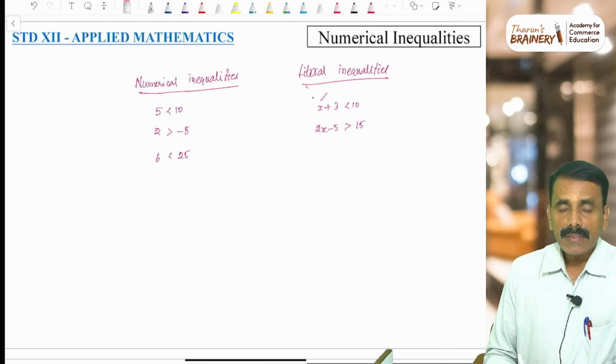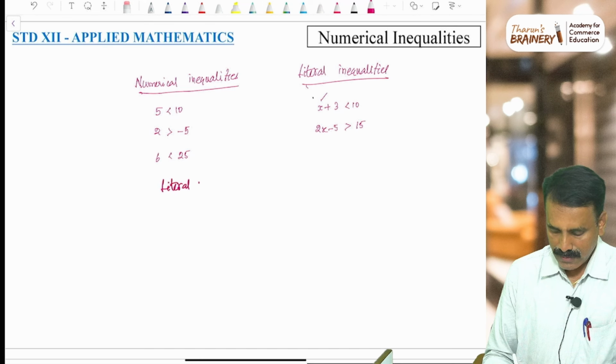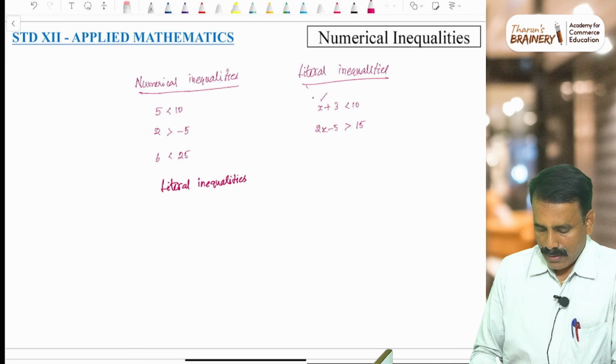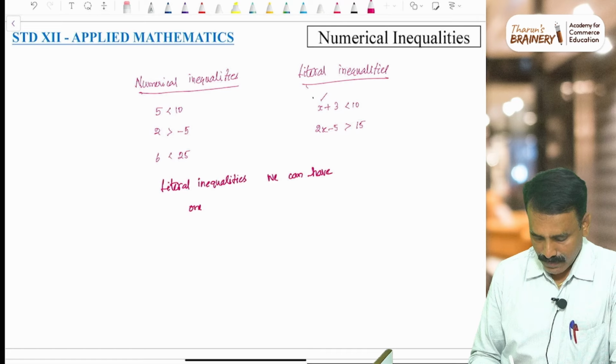In literal inequalities, we can have inequalities with one variable, 2x minus 3 greater than 5.